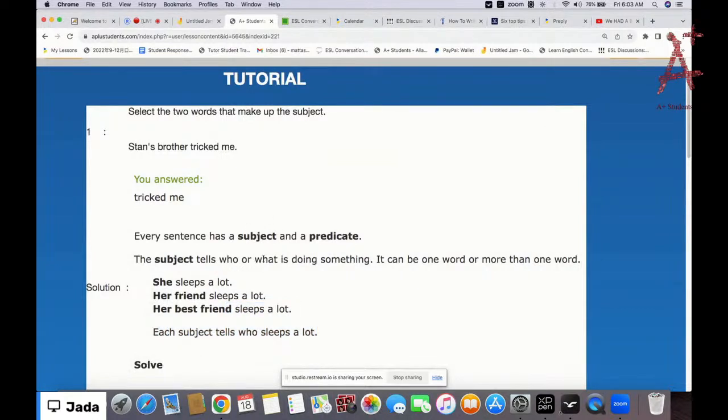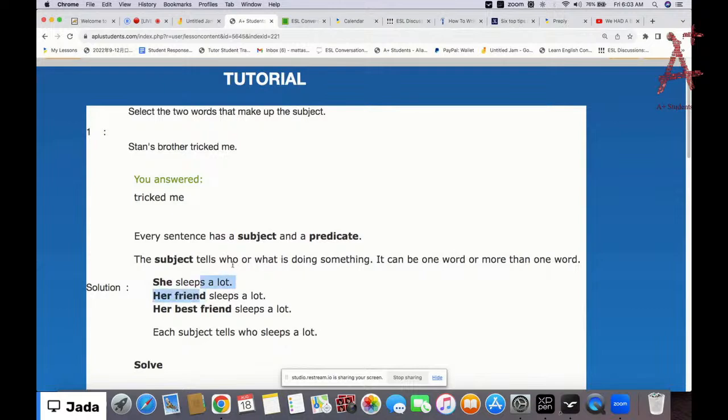The subject tells who or what is doing something. It can be one word or more than one word. So the subject tells you who is doing something in a sentence. Next we have the examples.